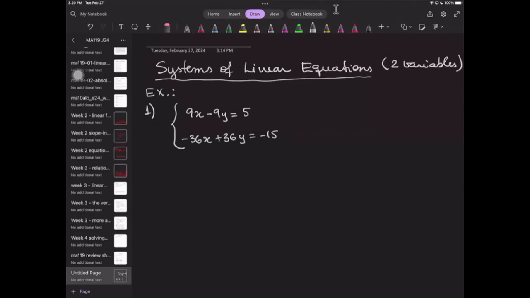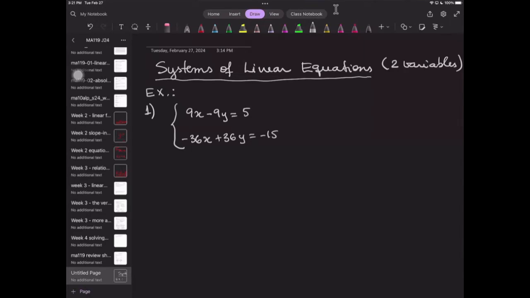So when you look at this example number one that I wrote on my pad, it's best that we do the addition method, because if you decide to isolate a variable in either of the two equations, it's going to create fractions. We want to avoid working with fractions. Instead, I want to multiply, for example, the first equation by a number that will make my x variable or my y variable disappear.